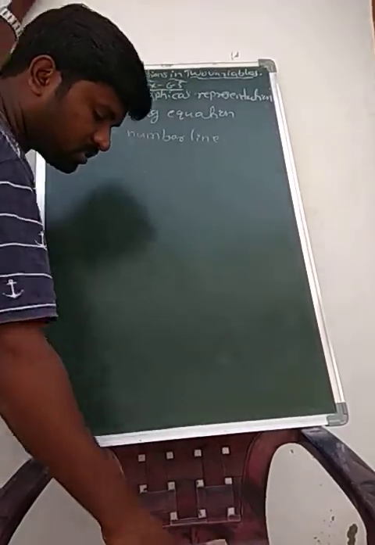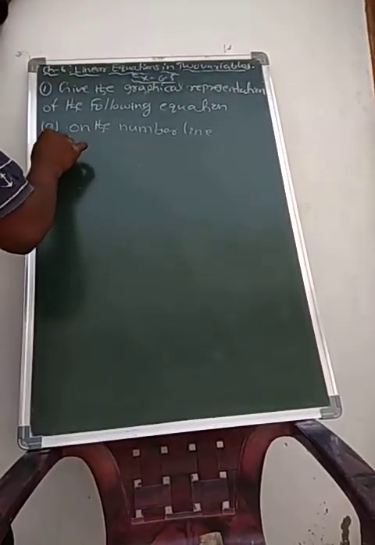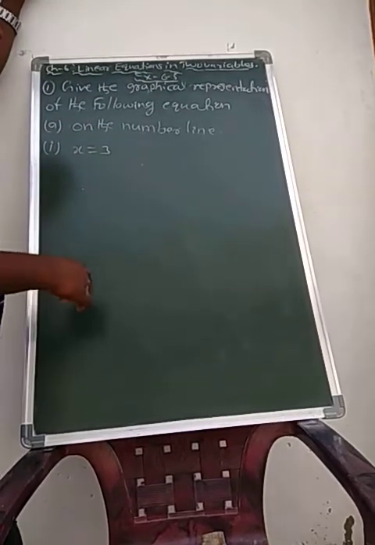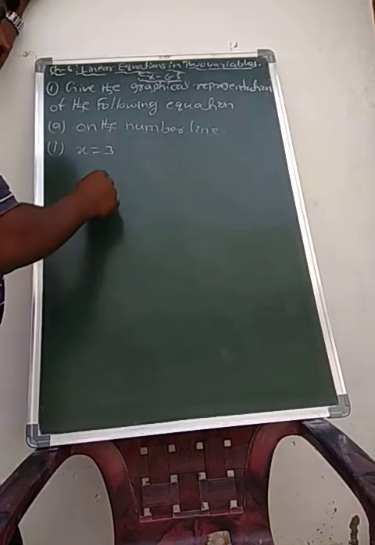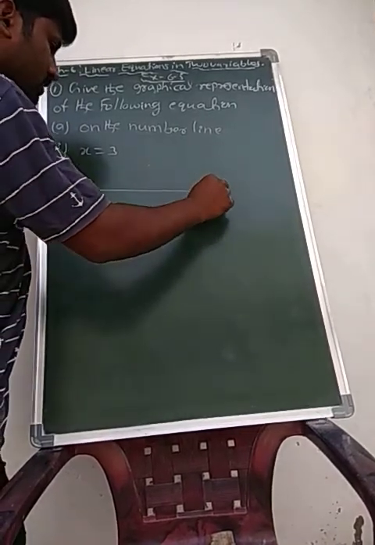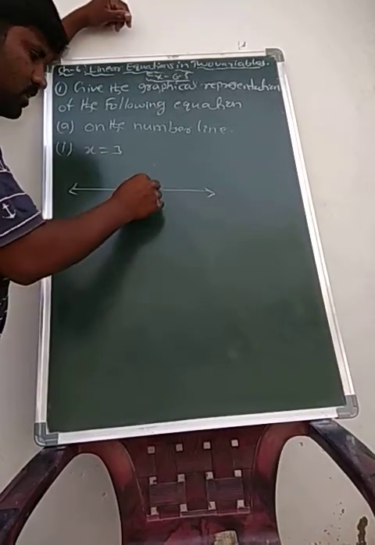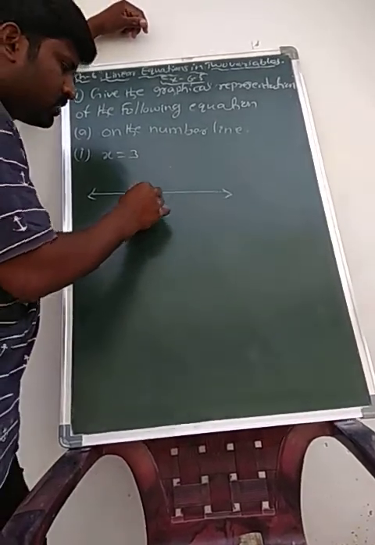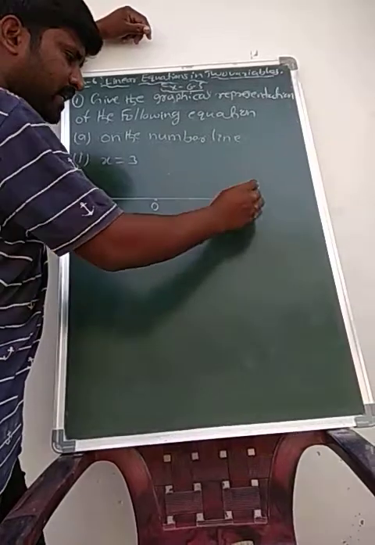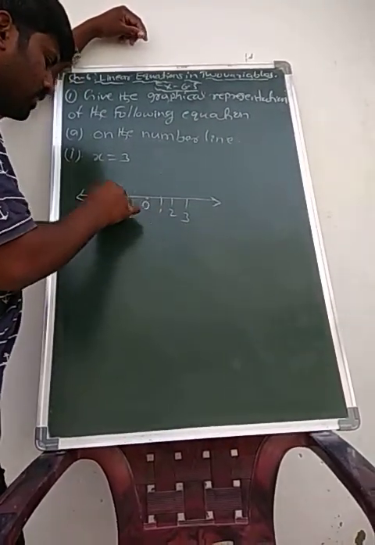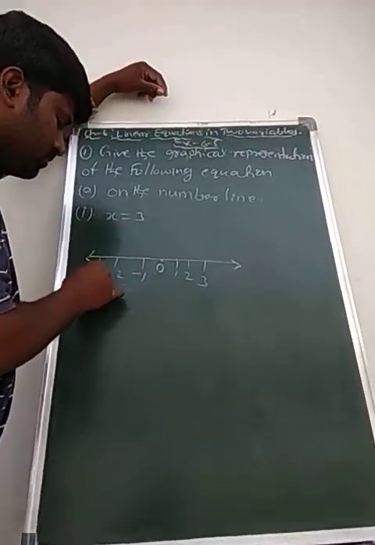So the first question is given: x is equals to 3. Okay? x is equals to 3. So simply I am drawing a horizontal line. We know this is the middle, 0. From 0 to the right side is positive and from 0 to the left side is negative.